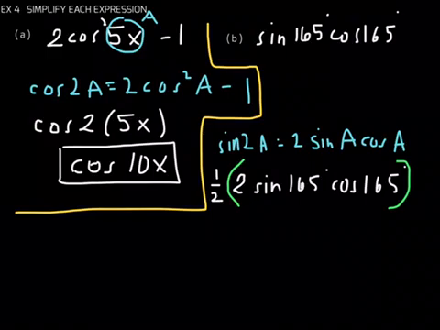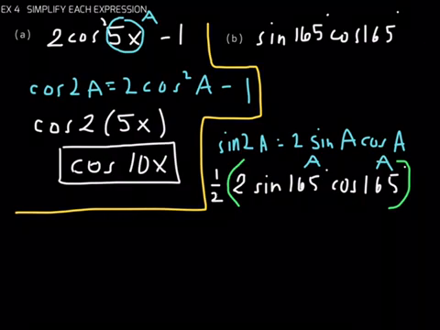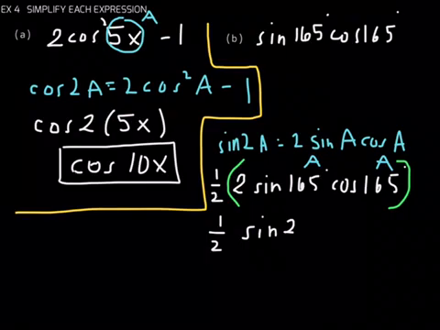In this example, your a value is this 165 degrees, right? So then what we could do is rewrite this as, you have a 1/2 out front, and everything inside the parentheses can be rewritten as sine of 2 times a, which is 2 times 165 degrees.